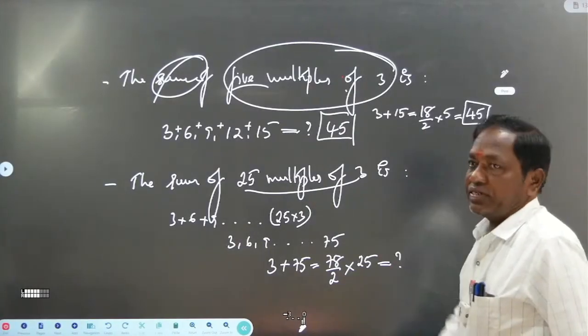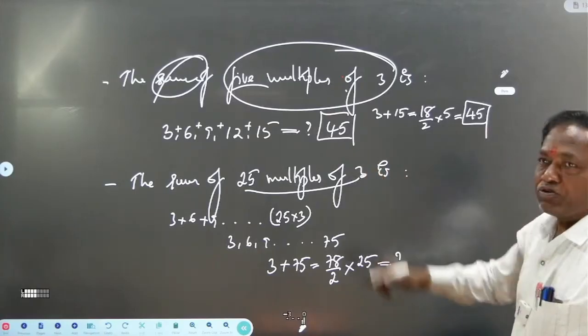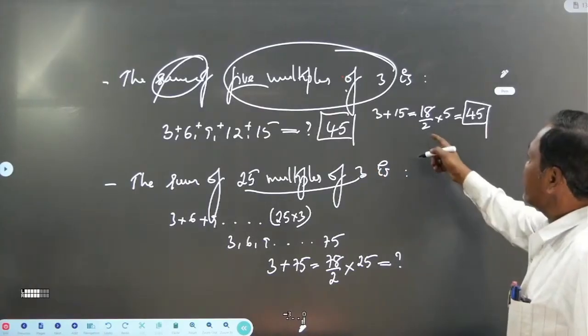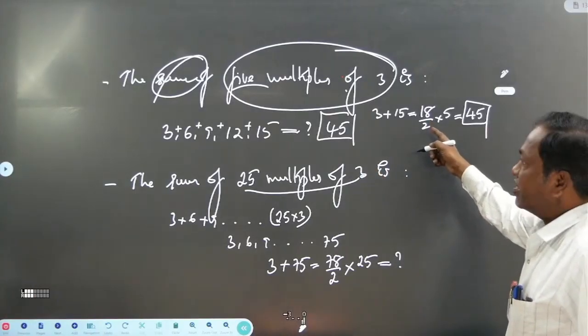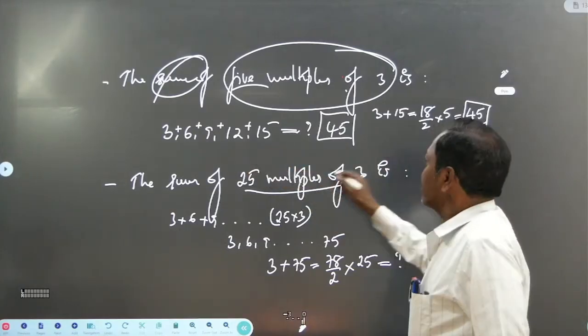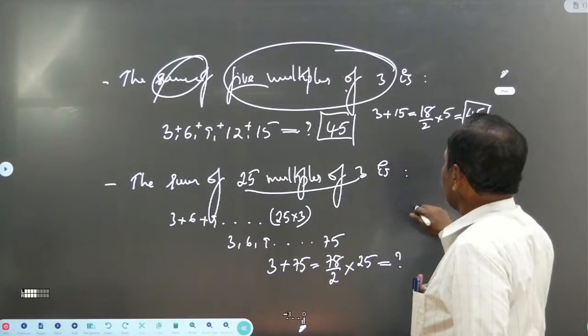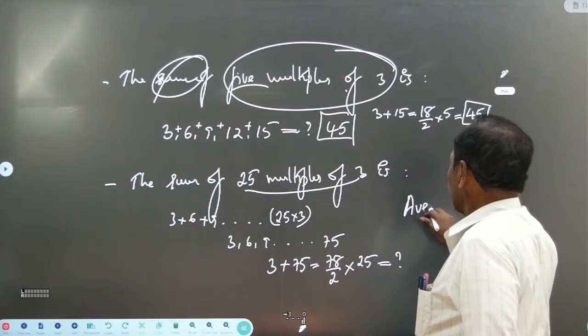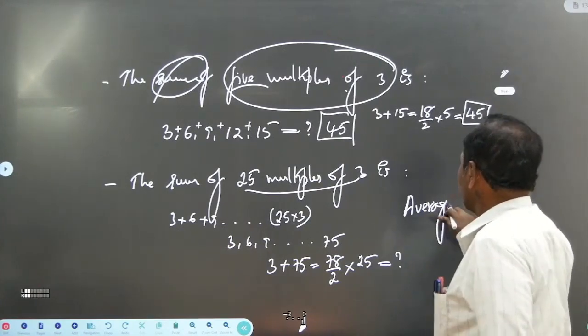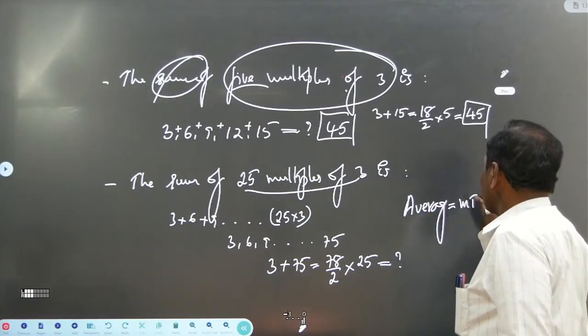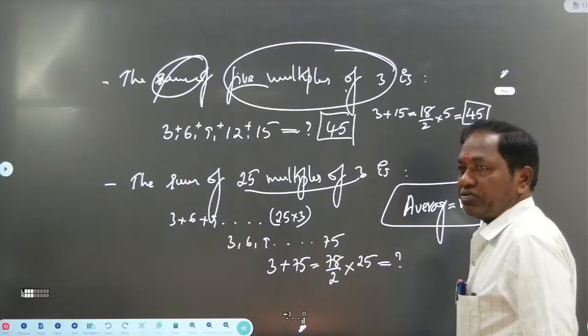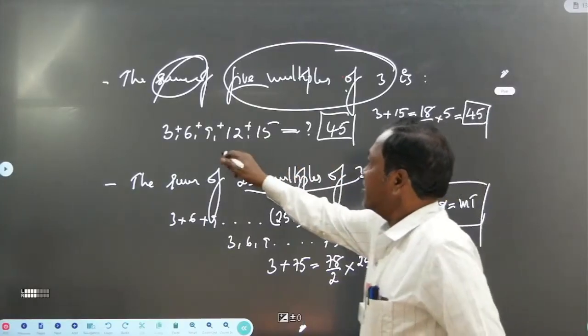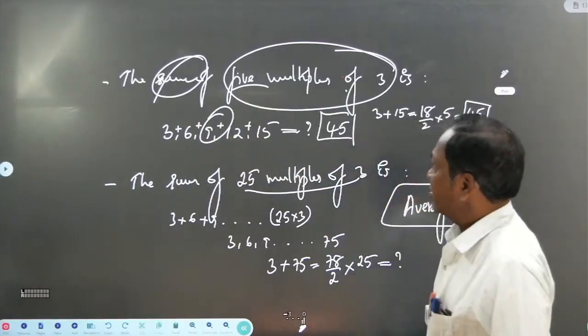Here you can always see the middle average is equal to the middle term. What is the average here? 18 by 2, 9. 9 is the middle term. See that, here the average is equal to the middle term. Average 9 means 9. It's like that. Okay. Yes.